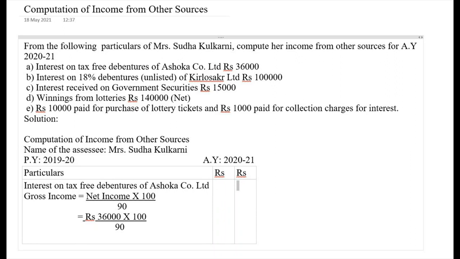We are going to have 40,000. The zero gets cancelled, so 9,000 into 40,000 comes to 40,000.